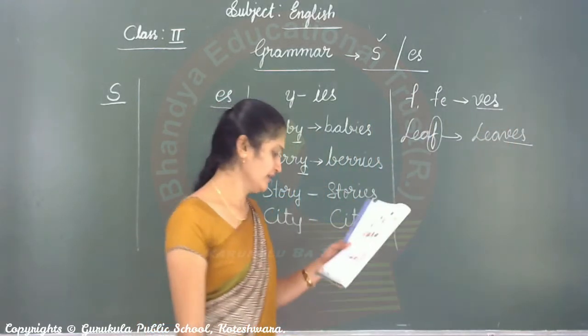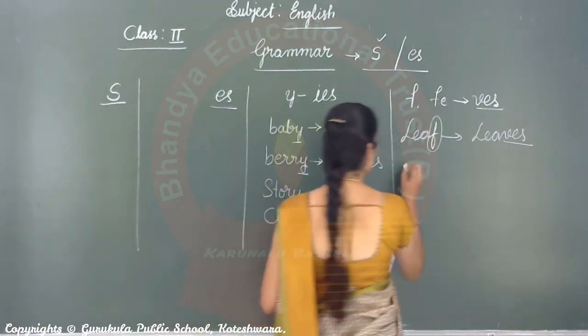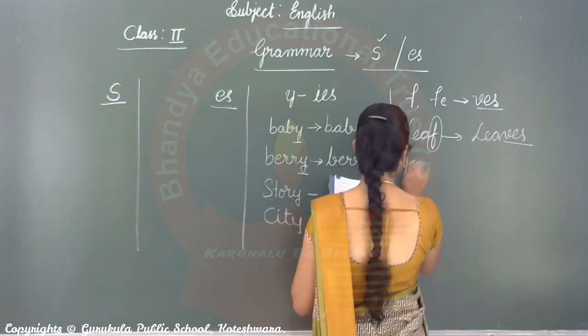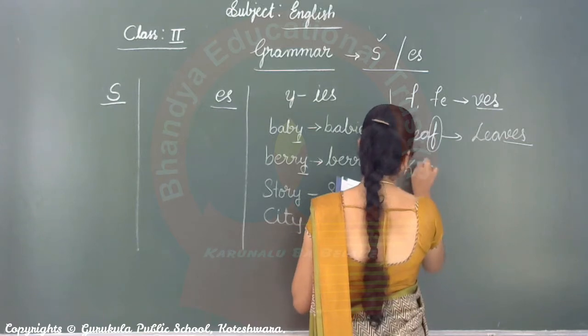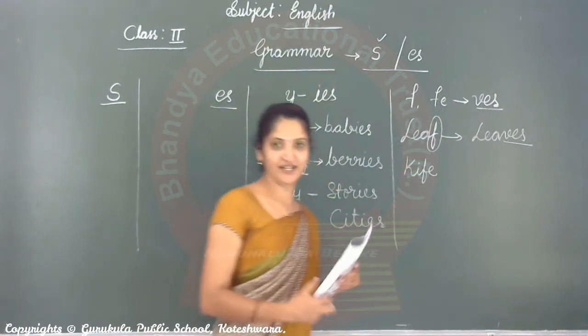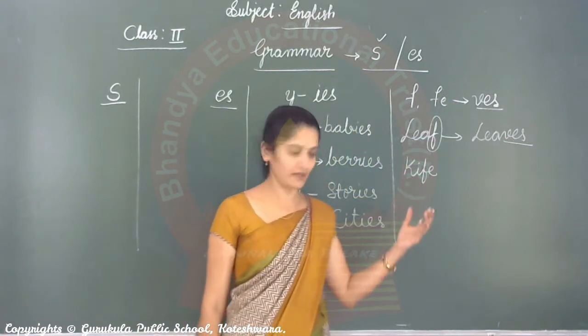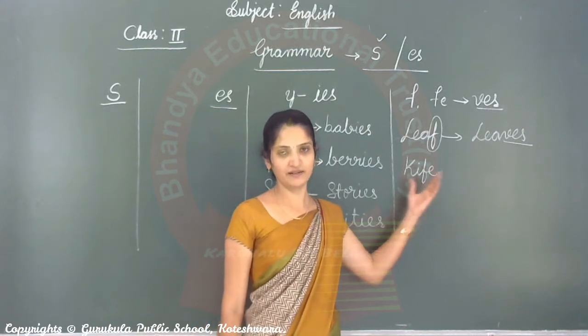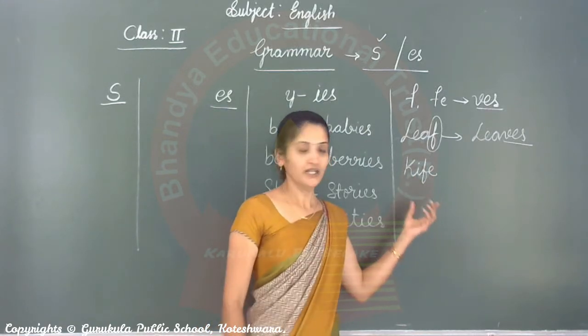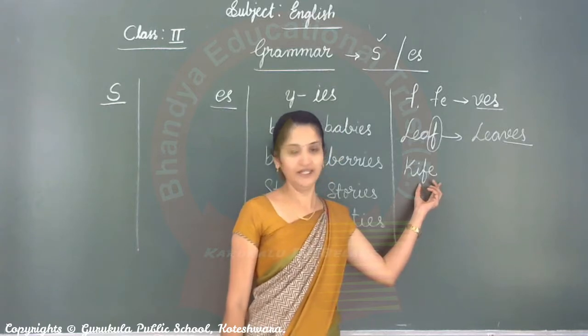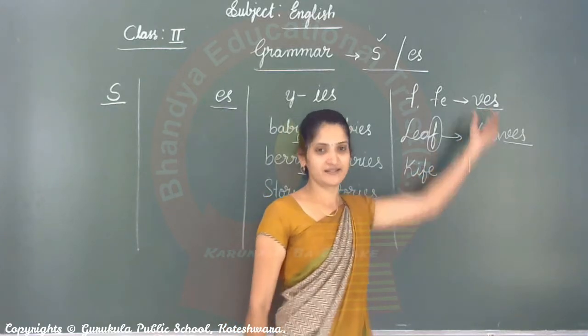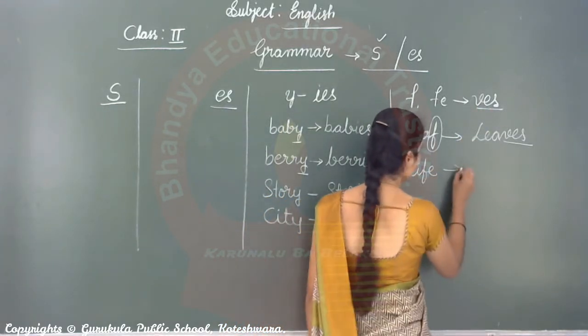Okay? Then knife, another example. Knife. See, F-E, right? But the pronunciation is the same. Knife has four letters. Right? F-E. Instead of this F-E, I will add V-E-S if it is more than one. See?